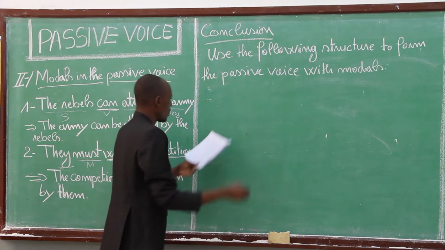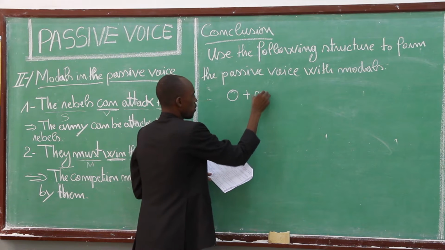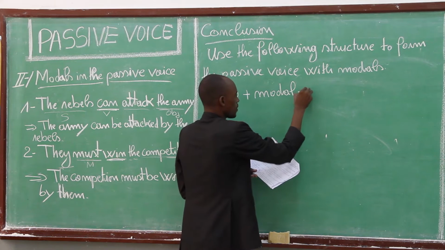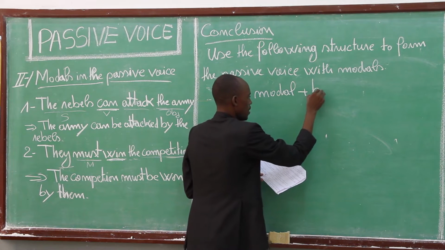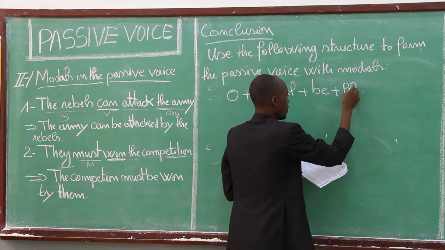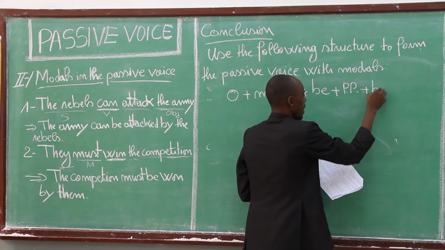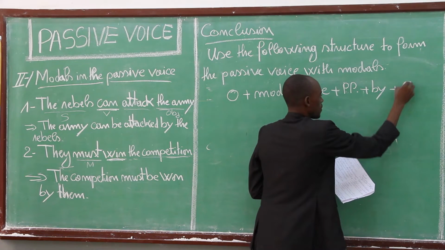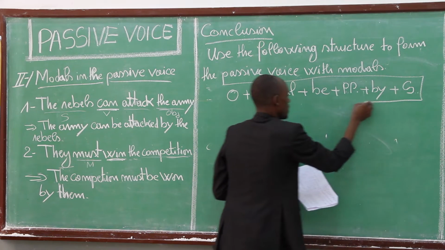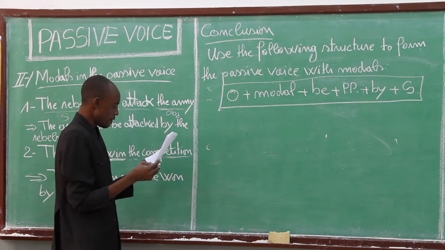The structure here is object plus modal, plus be, plus past participle, plus by, plus subject. This is the structure of passive voice with modal verbs, okay?